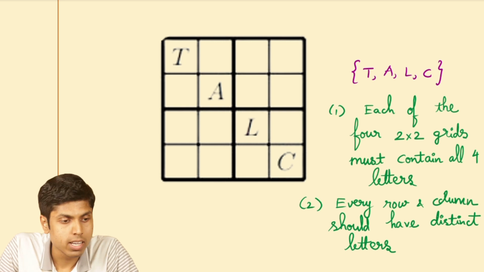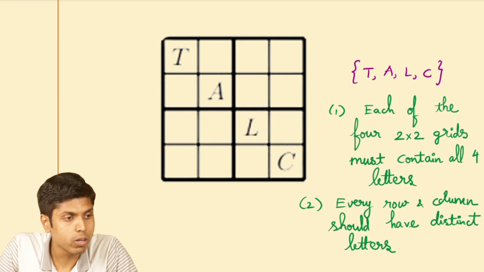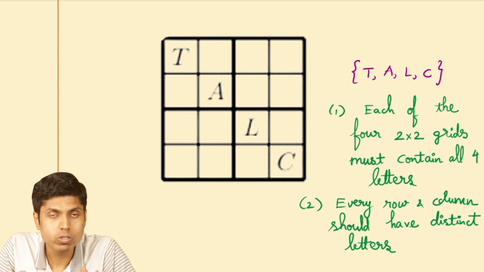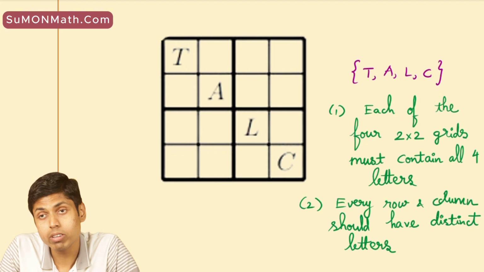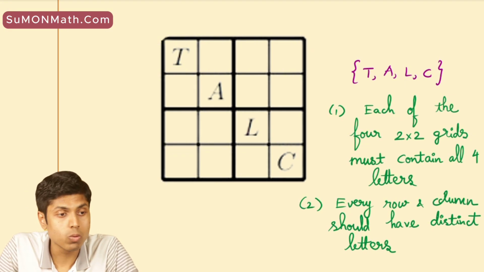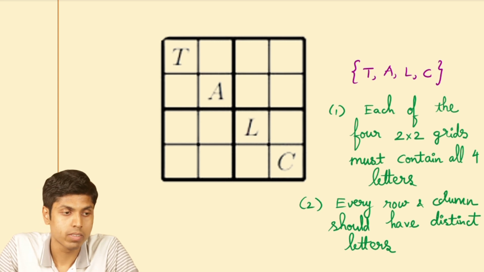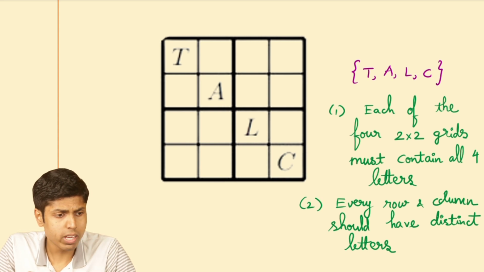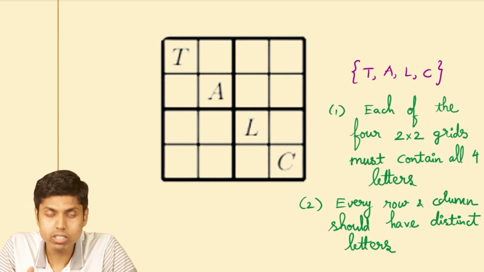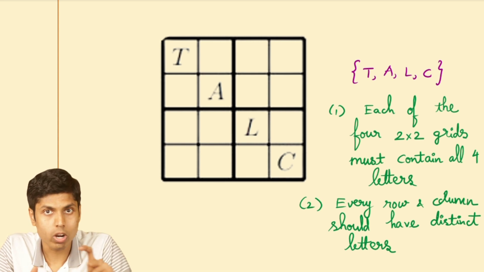Since there are only 4 possible letters that you can use and 4 cells in each column and row, you can only use each letter exactly once. You cannot use it more, or even less than once. Otherwise, you have to repeat one of the 4 letters at least twice in order to cover the 4 cells. So we can interpret condition 2 as using all 4 letters in each and every row and column of the grid.